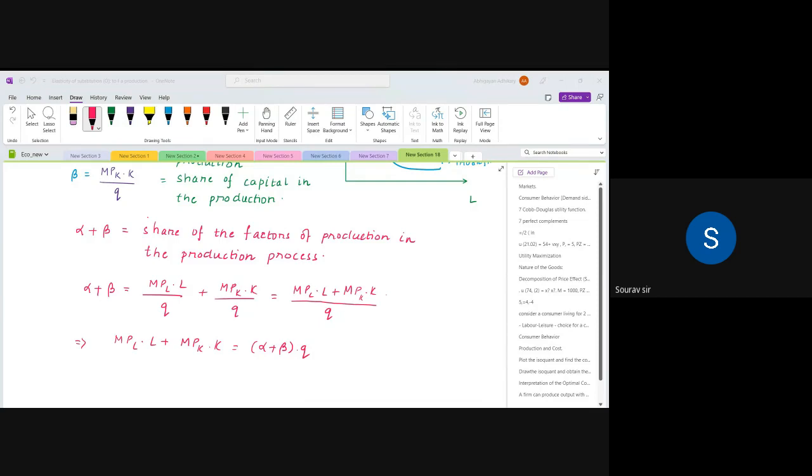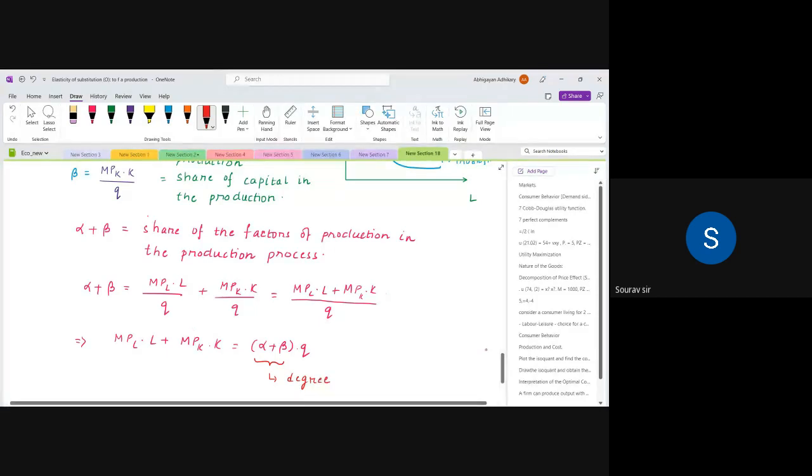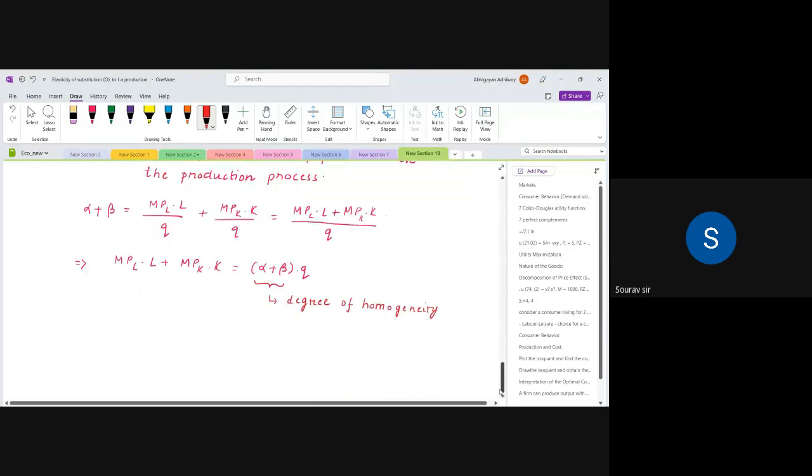Correct? What is alpha plus beta? The interpretation would be that, and alpha plus beta is also the degree of homogeneity of the production function, right? Correct? Remember this, all of you, of the production function.